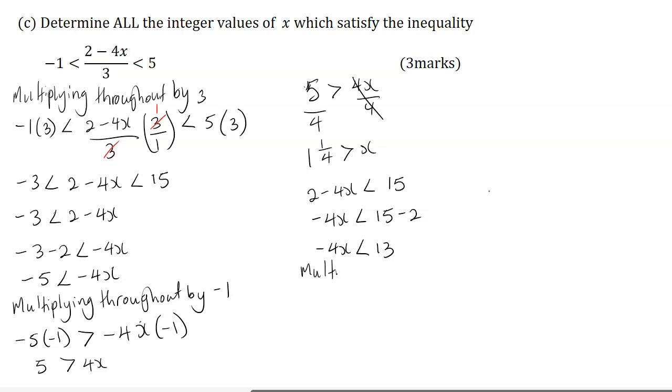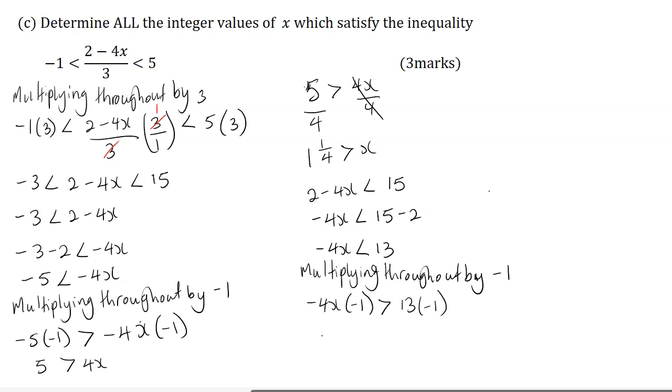So multiplying throughout by minus 1. So this is minus 4x multiplied by minus 1. And this reverses the inequality sign, so this becomes greater than, and this here is 13 multiplied by minus 1.